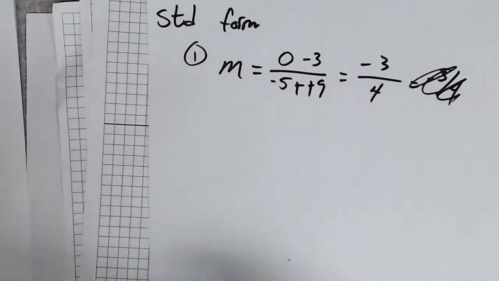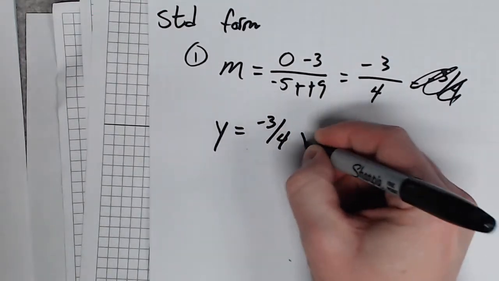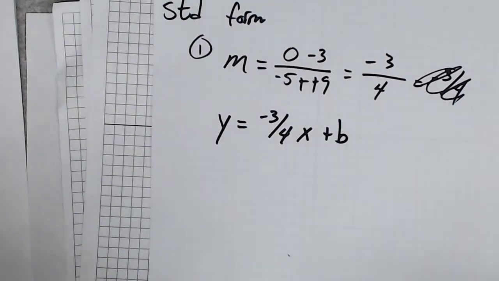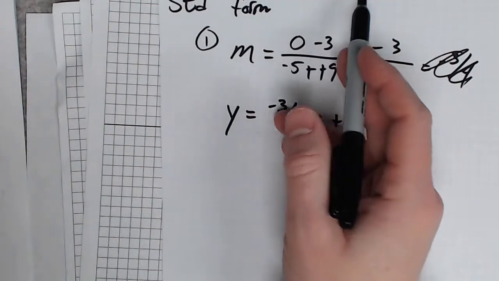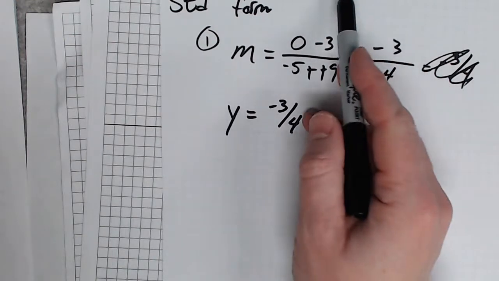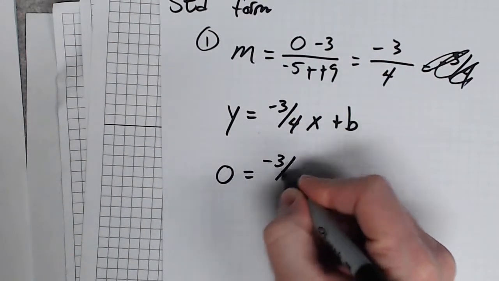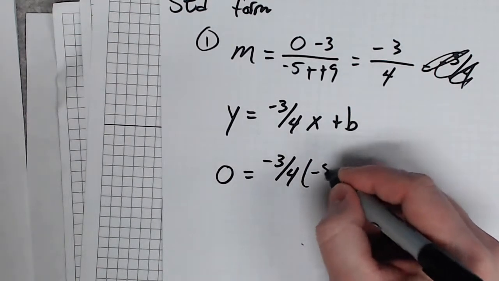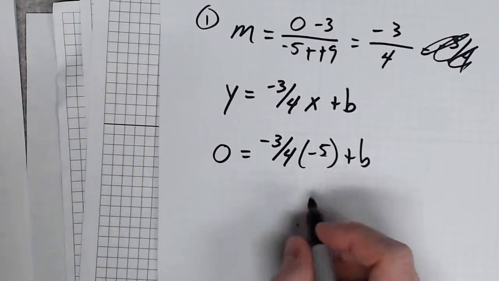And here's the way I prefer to do this. I write in what I know. Okay. And then I pick a point and I plug it in. So I'm gonna plug in, I like using zeros. Three and 5 make 15.